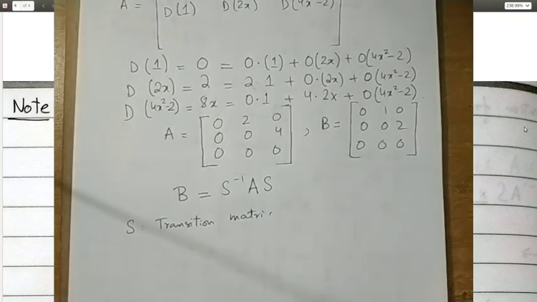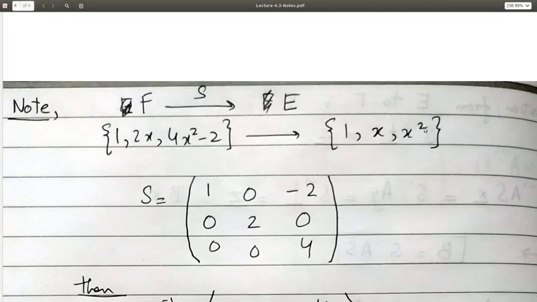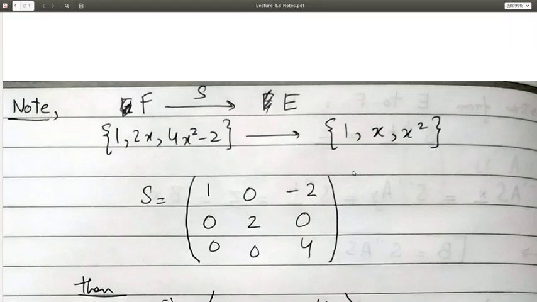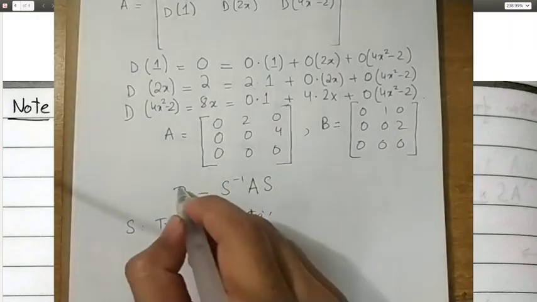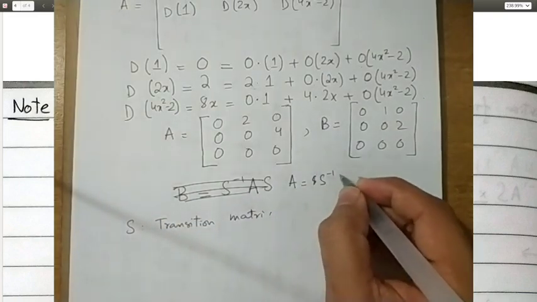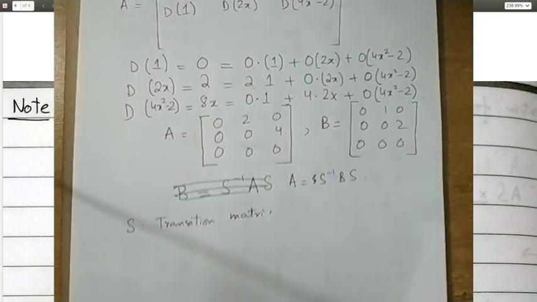So if I go back to the notes, if you have a transition matrix from the non-standard basis to the standard basis, then you can represent, actually I have written this incorrectly, this should be A equals S inverse B times S, okay?